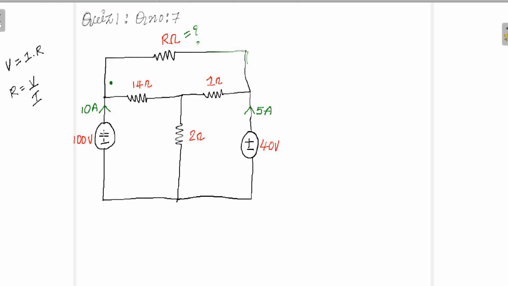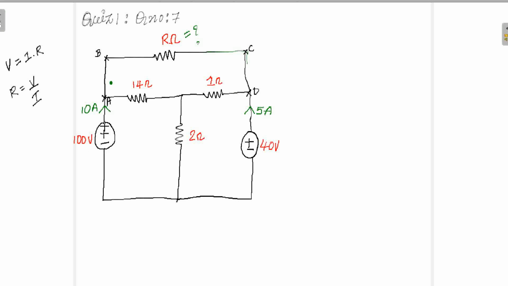So here, let us consider this is a point A, this is point B, this is point C, this is point D. This 100 volts is connected pointing towards A. So there is no element between this A and this source.